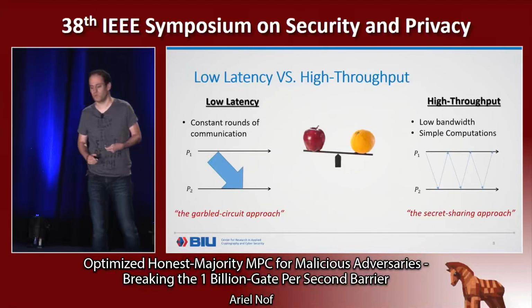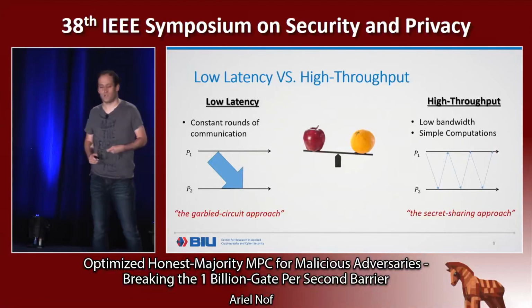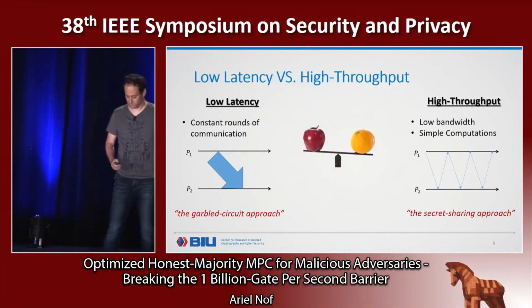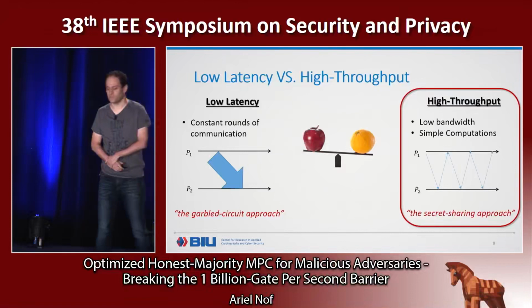So in this case, we will focus on pipelining the computations in order to achieve high throughput. And this will be done using the secret sharing approach. In our case, this is our goal, to achieve high throughput, and we will follow the secret sharing approach.